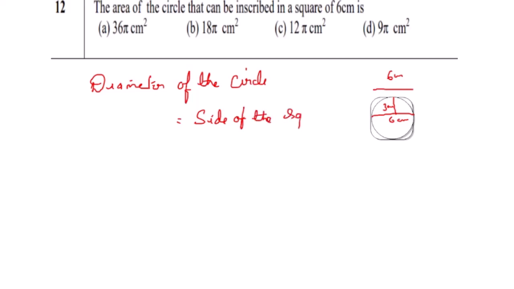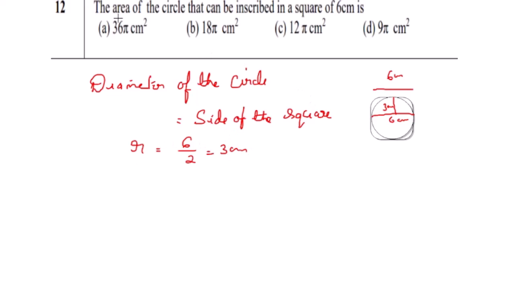The diameter is 6, and the side of the square is also 6. So what is the radius of the circle? Radius is 6 by 2, which is 3 centimeters.